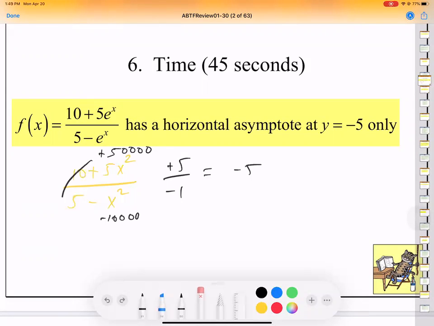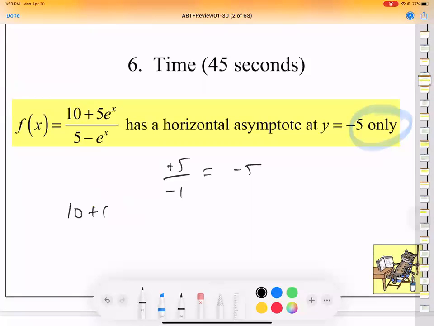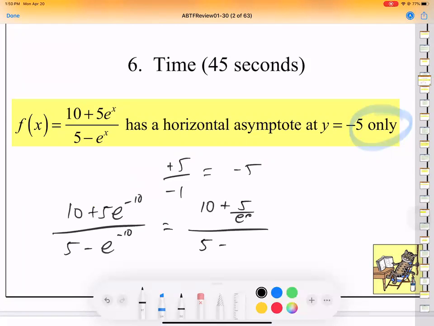The statement says this only happens here, and that's not true. Because if I wrote 10 plus 5 e to the negative, let's say negative 10, over 5 minus e to the negative 10, we write this as 10 plus 5 over e to the 10, over 5 minus 1 over e to the 10.